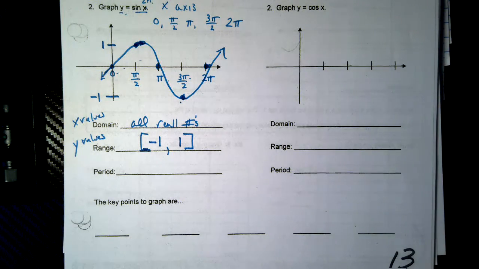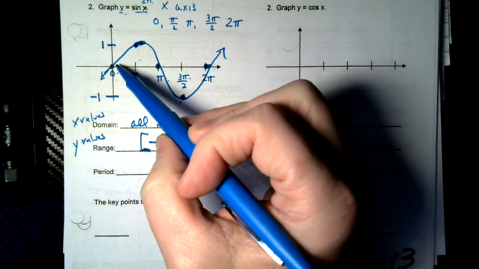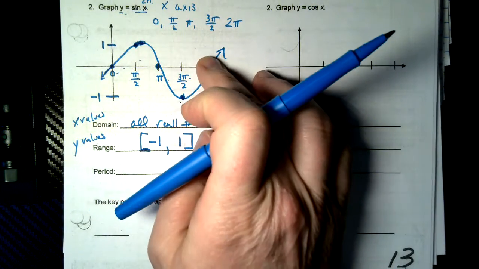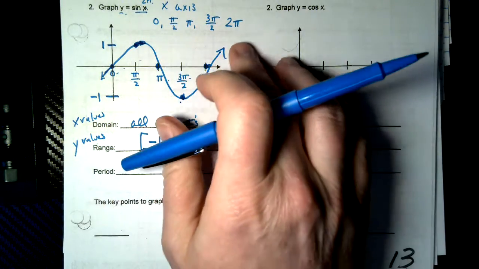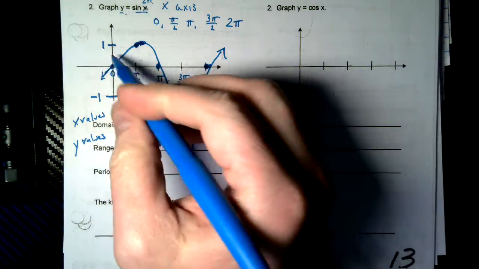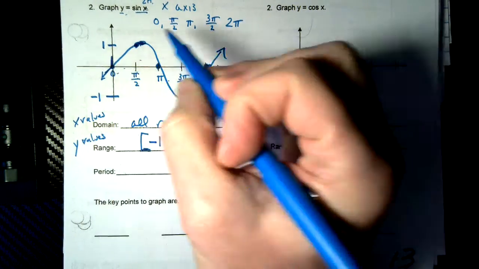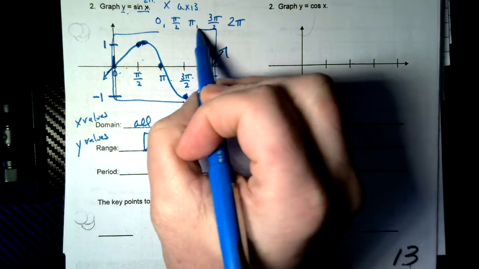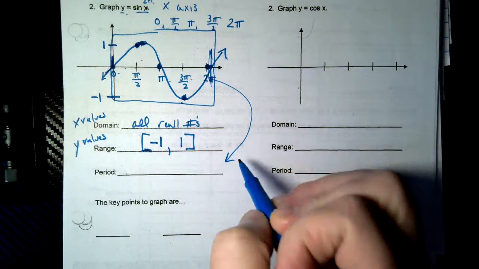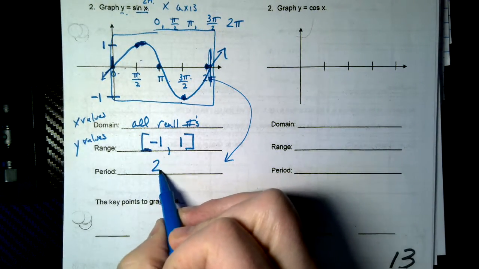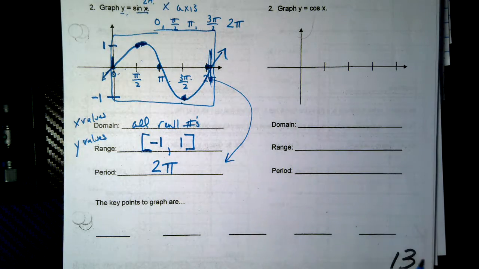The period is how long from start to finish does it take that kind of a shape before the curve repeats itself, before it starts going back up to 1 and down to -1, before it repeats itself. So from here to here, sort of box that in like a window. That is my period, and it goes from 0 to 2 pi. It is 2 pi in length.